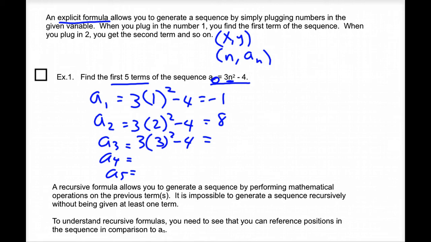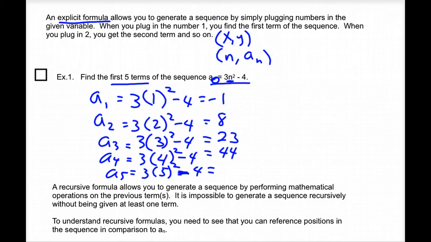3 squared is 9, times 3 is 27, minus 4 is 23. Now plug in 4. 4 squared is 16. 3 times 16 is 48. Minus 4 is 44. Plug in 5. 5 squared is 25. 3 times 25 is 75.